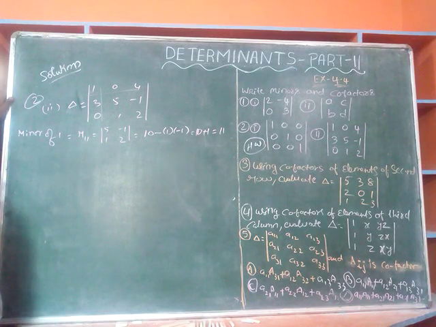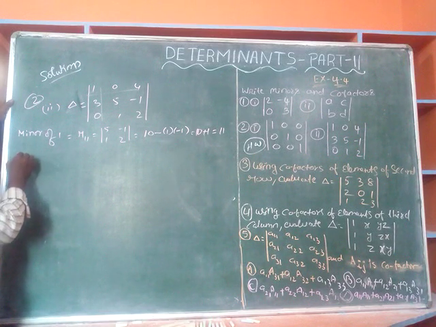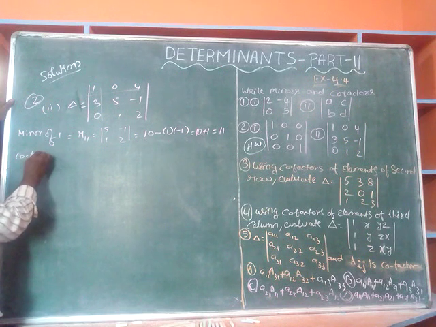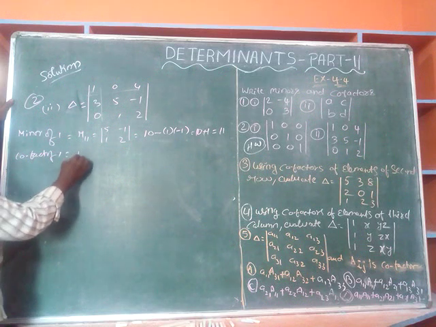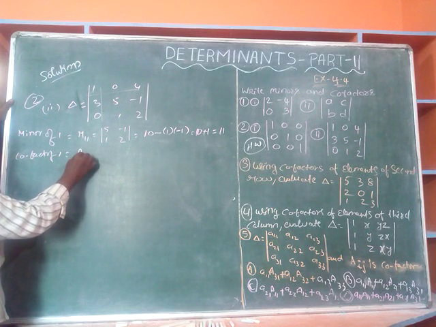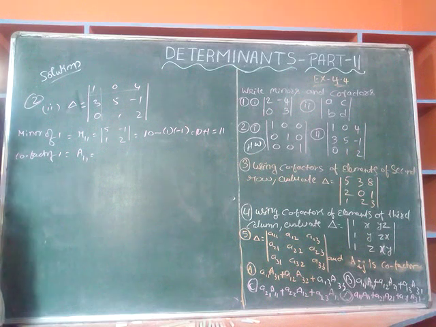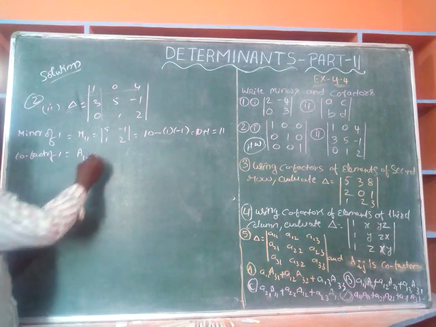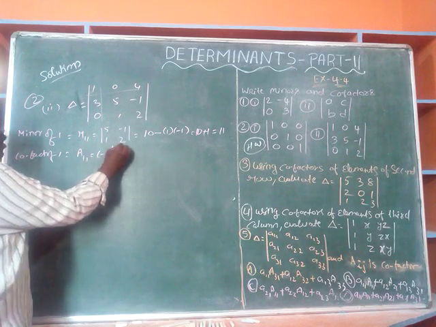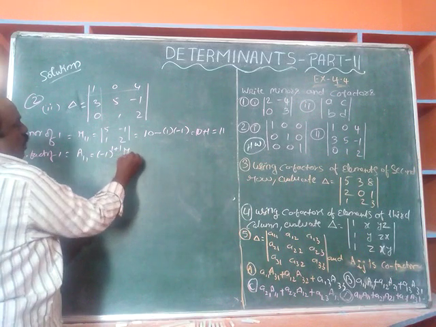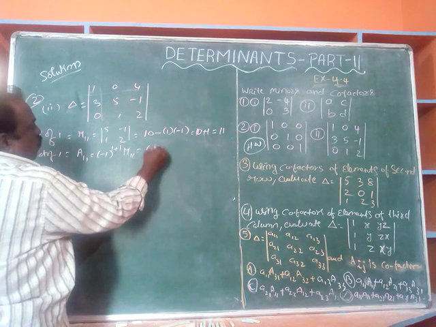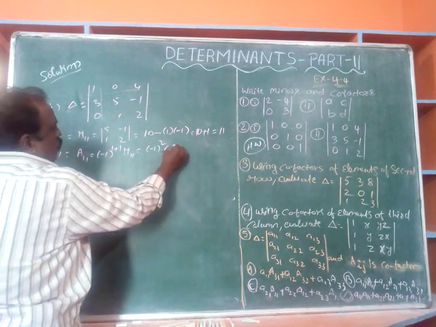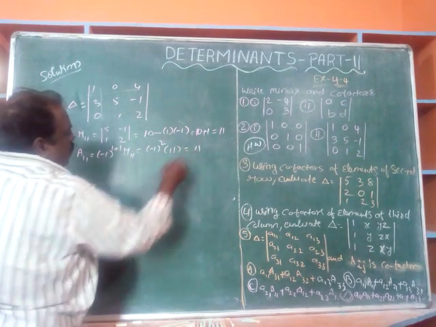And the cofactor of 1 is capital A11. It is (-1) power 1 plus 1 and M11. That is (-1) whole square into 11. So it is 11.